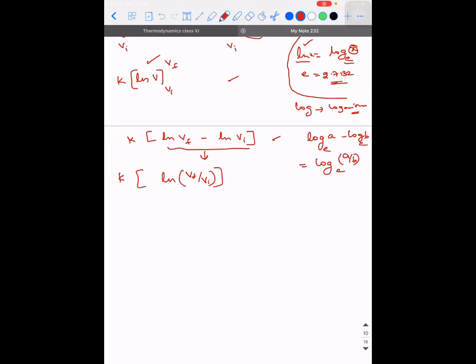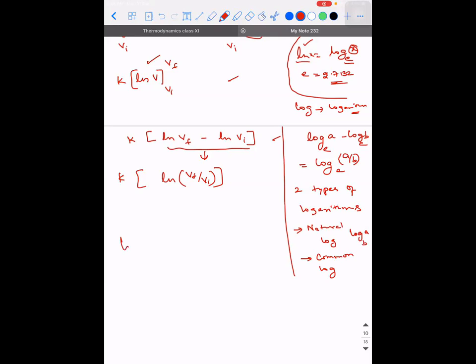Okay. See, one important point I'm mentioning here is there are two types of logarithms. One is called natural log, the second is called as common log. Okay. So log is always defined like this: log of a number base another number.